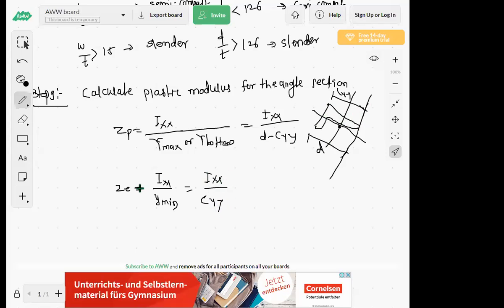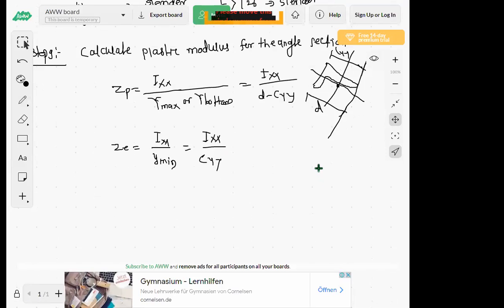In this way we can calculate the ZE value, that is the elastic section modulus. So these are the plastic section modulus and elastic section modulus we have calculated for the angle section.